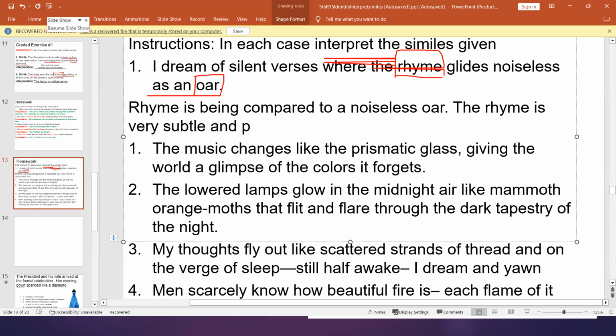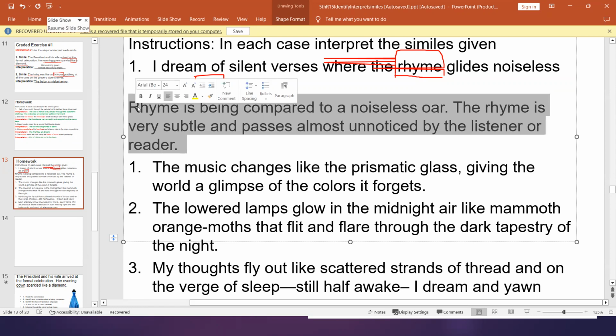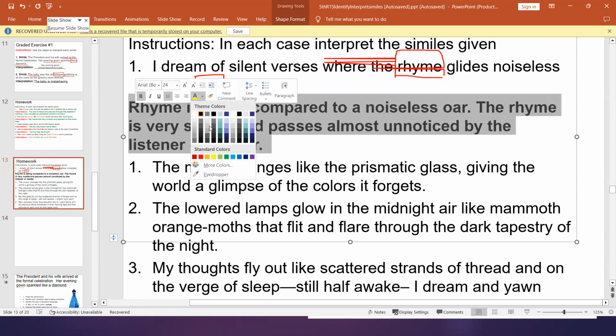And passes almost unnoticed by the listener or reader. Because it says it's noiseless, right? So the rhyme is like a noiseless oar, okay?